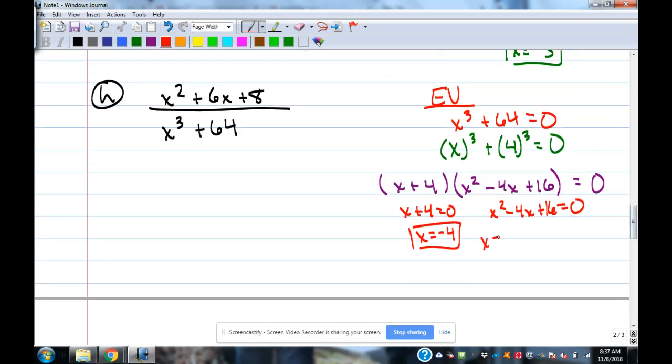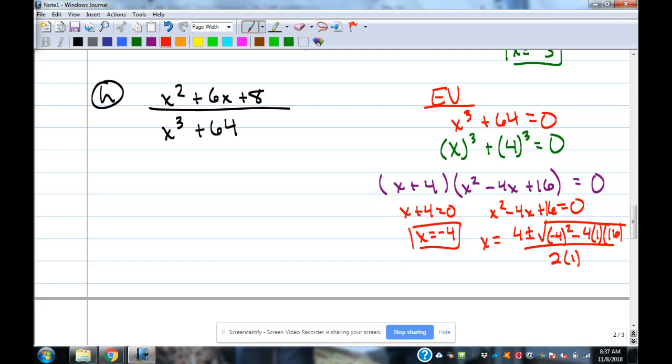Quadratic formula. X equals negative b plus or minus radical b squared minus 4ac, divided by 2a. Thank you. All right.